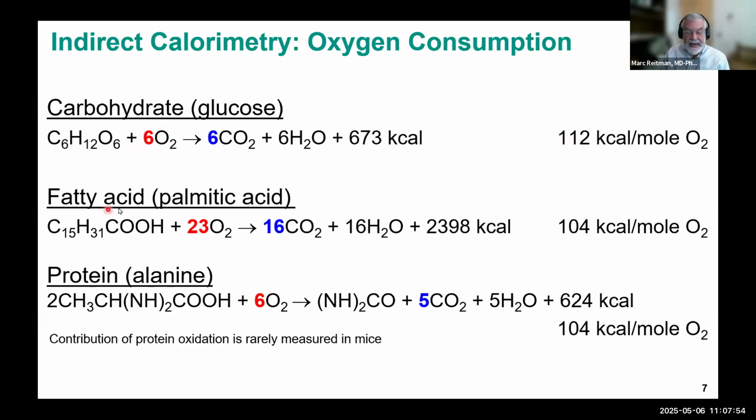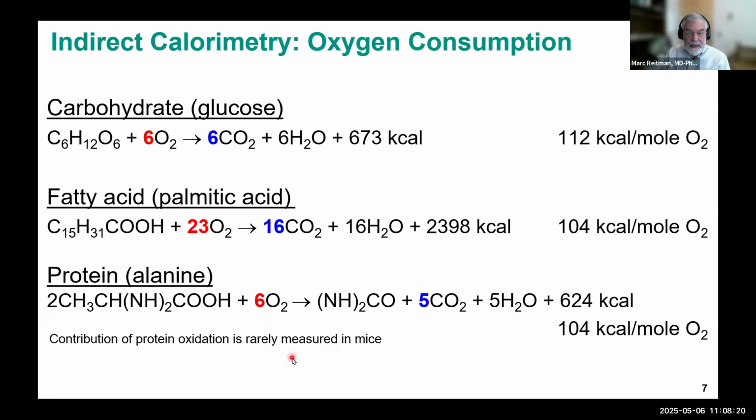If instead you burn fatty acids, you get slightly less kcals per mole oxygen consumed, and you have fewer moles of CO2 produced. And the carbohydrate is pretty much true for most carbohydrate sources. Fatty acid varies a little bit based on the fatty acid, but is pretty reasonable. Protein varies a lot, is not a main energy source, and is typically not included in most studies of mouse metabolism.